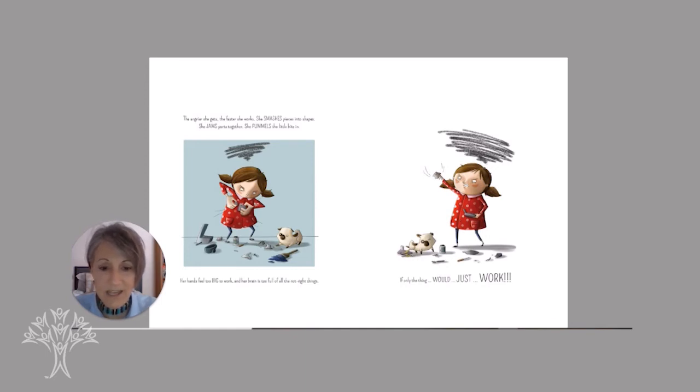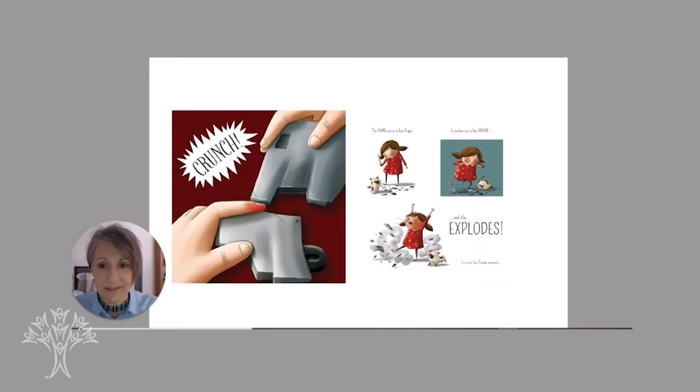If only the thing would just work. Crunch! The pain starts in her finger. It rushes up to her brain, and she explodes. It is not her finest moment. "I can't do it," she says. "I quit."